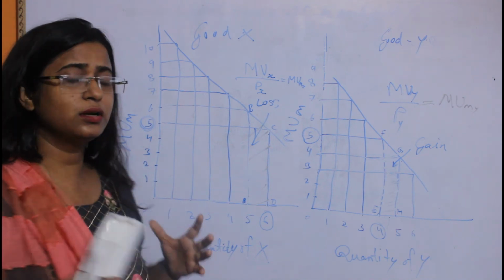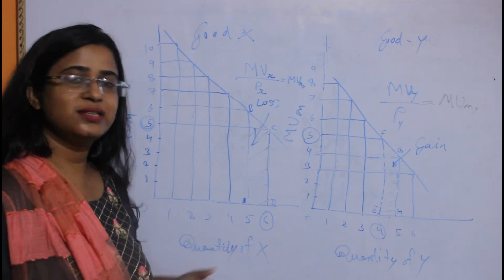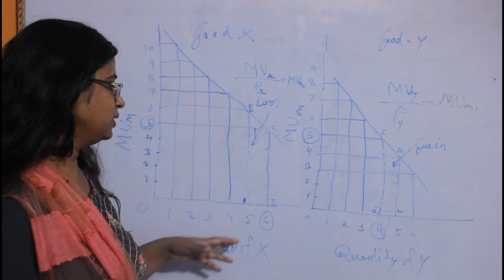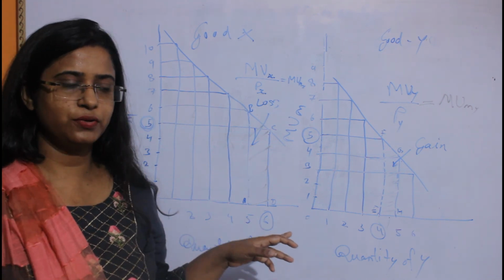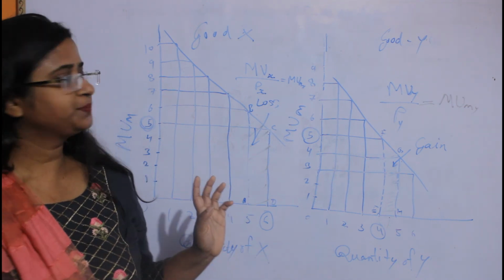So a rational consumer will not choose a decision like this. So he will be stable at the combination of 6 units of X and 4 units of commodity Y.